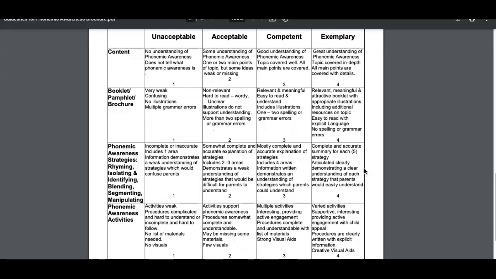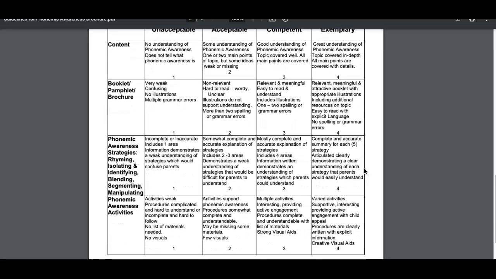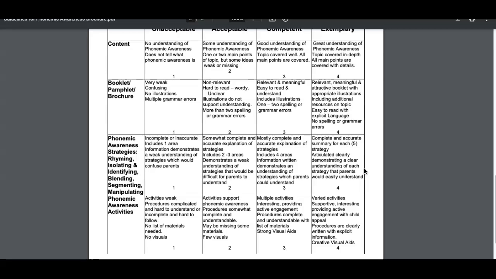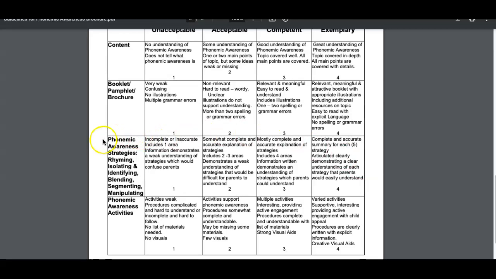Now make sure that you have completely and accurately explained each of the strategies: rhyming, isolating phonemes, identifying phonemes, blending, segmenting, and manipulating phonemes. You need to have a clear understanding of each of those before you can explain it to parents.